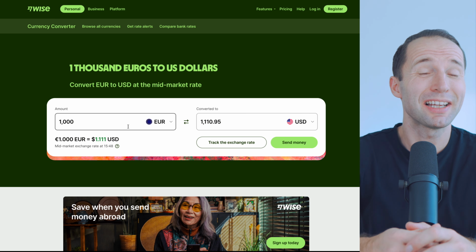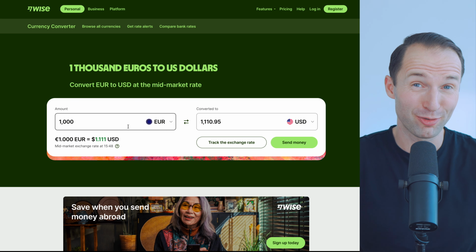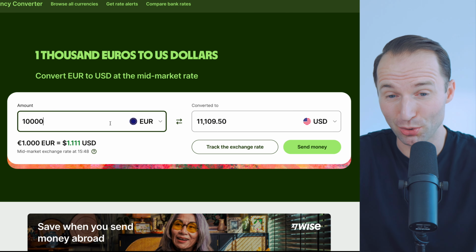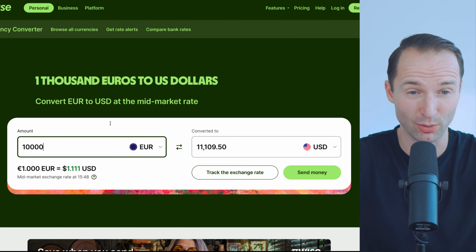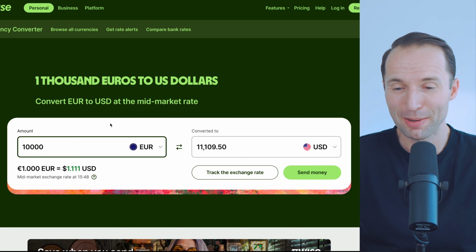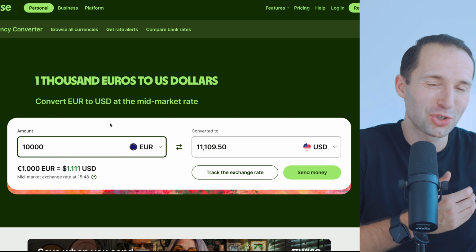And actually, it's a little bit tricky because obviously, as soon as I go from one page to the other, the exchange rates also fluctuate, right? So if I now, for example, put the exchange rate of, let's say, 10,000 euros to dollars, that's what you see over here. That's on Wise, right? So I could go now, open up another app and show you what I get there. But of course, if that takes me half a minute or a minute, then the exchange rate also changes in that time.